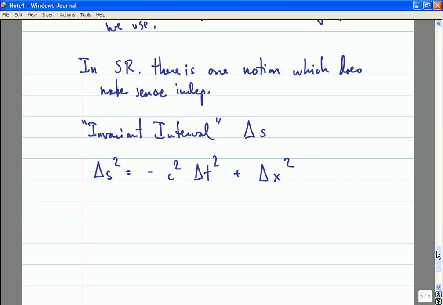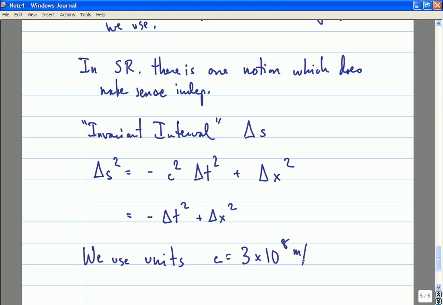However, the first thing I should do is remind you all that I'm an extremely lazy person. For that reason, I will use units where c is equal to 1, and the invariant interval is just written as minus delta t squared plus delta x squared. So, in particular, I will use units where c, instead of being equal to 3 times 10 to the 8 meters per second, I will just use units where c is equal to 1.